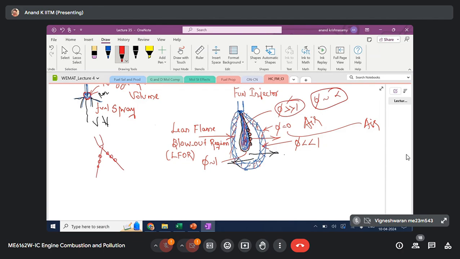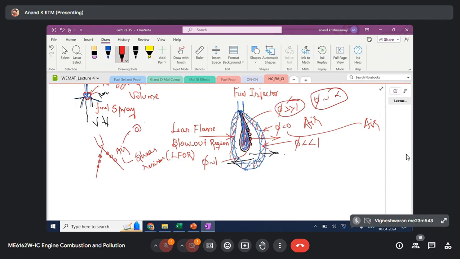Fuel pressure. More importantly, what is inside the cylinder at the time of spraying fuel? Air pressure. So air is offering shear resistance, because air is at higher pressure and temperature.